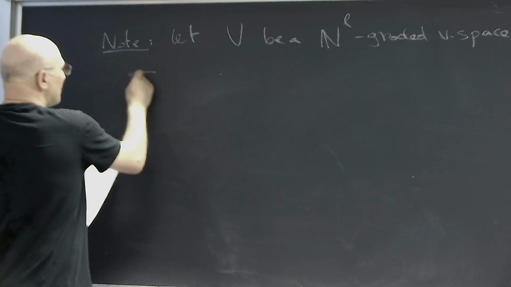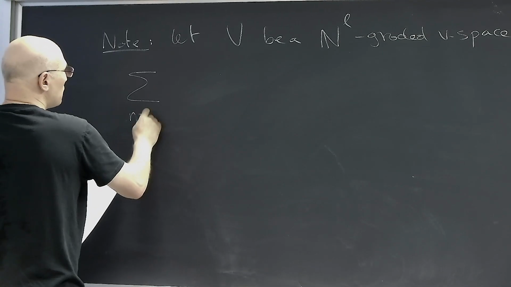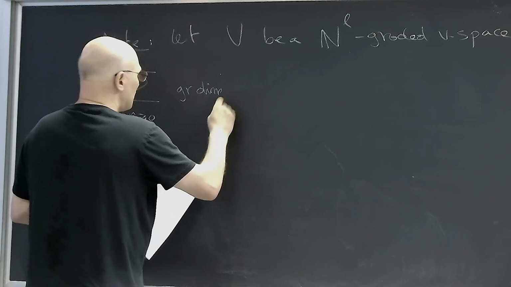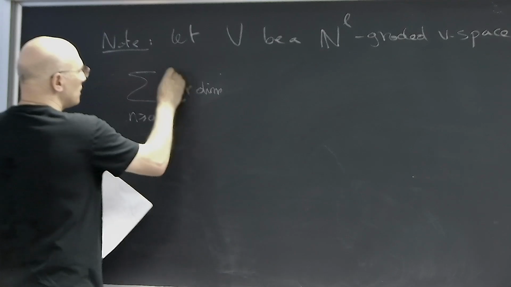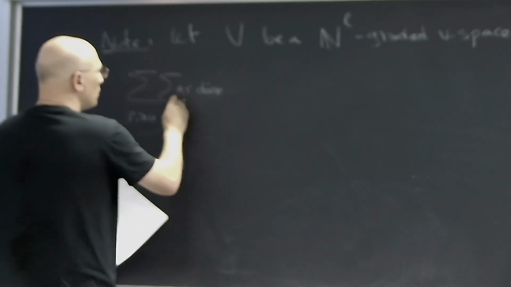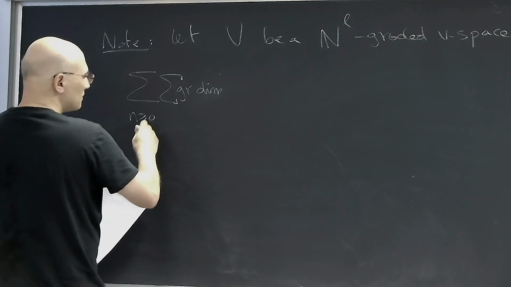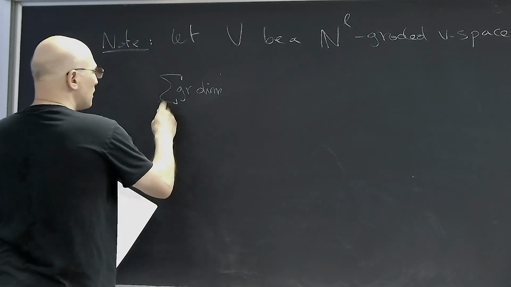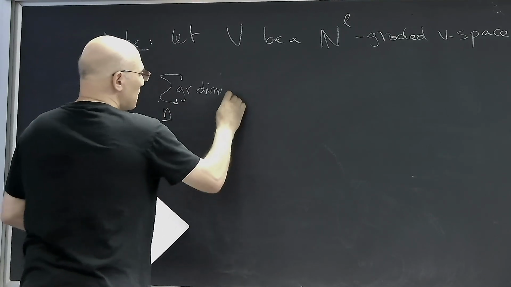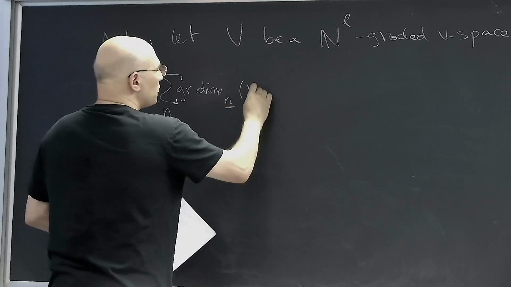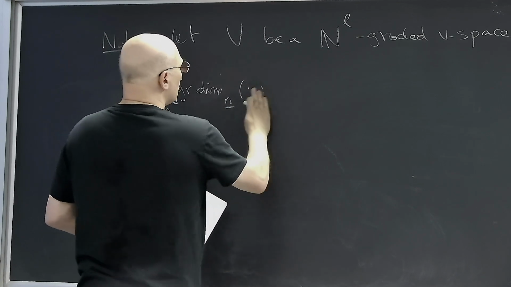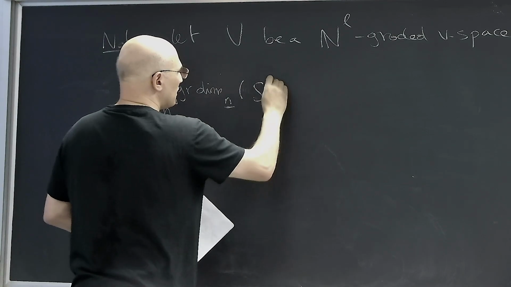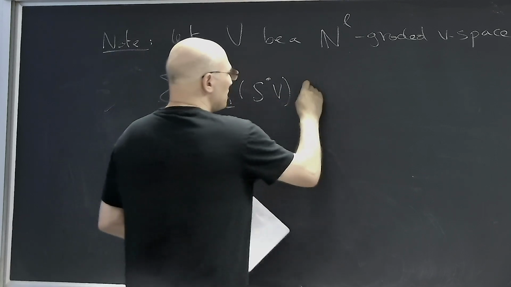Then let us look at the sum for all tuples n of the graded dimension n of V, of the symmetric algebra of V, and then let me put z to the n.